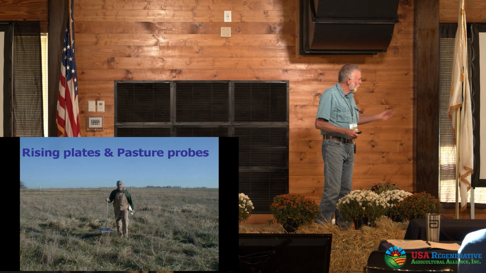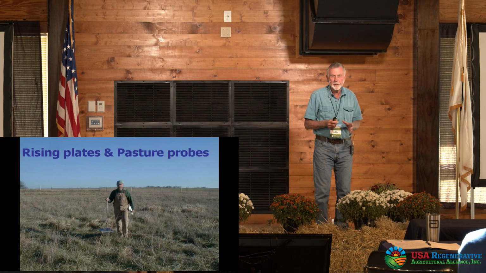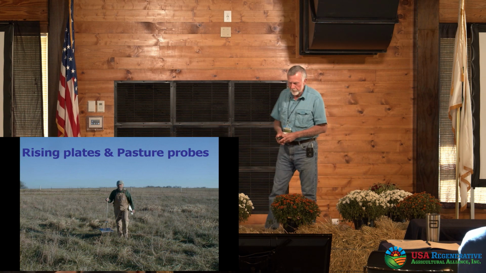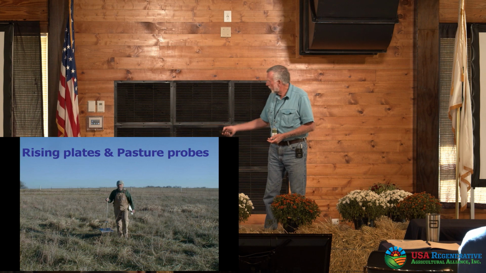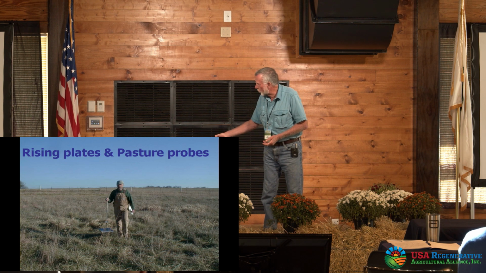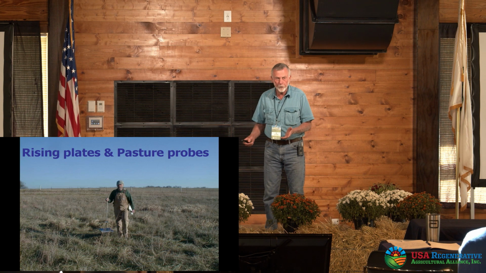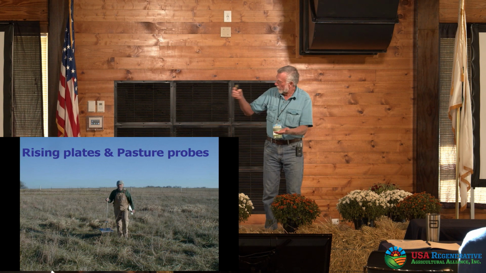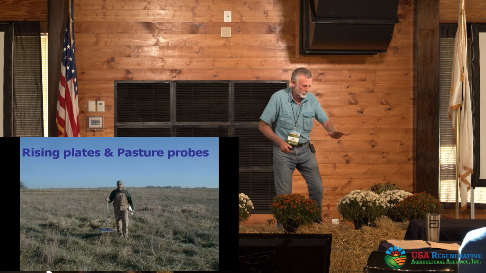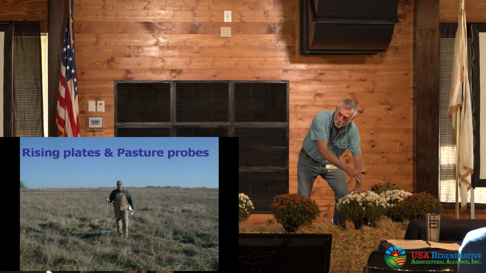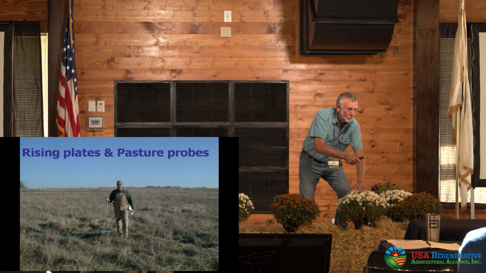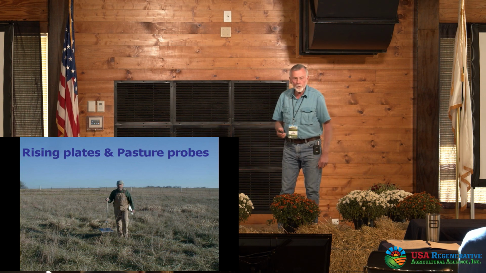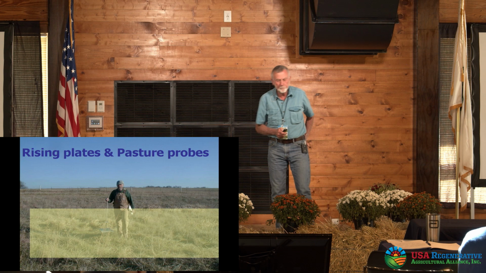All right, so another device that came along is something called a rising plate. The rising plate has a flat 1 square foot plate, and it's all made out of aluminum. The handle slides down through it, so the plate rests on the top of the sward. You push the handle through it, and it measures the height. That's actually much more convenient than clipping quadrats.